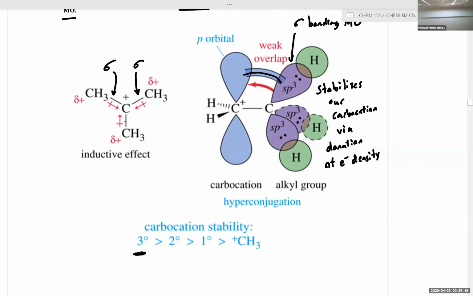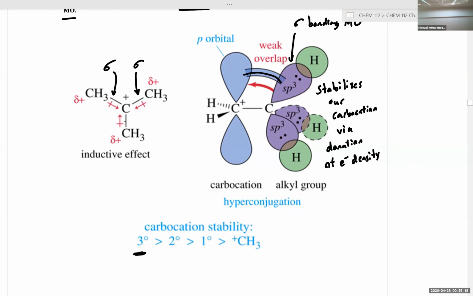So to draw out a detailed picture, if we're looking at the ethyl cation, which looks a little bit like this, we can draw this as CH3CH2+. And now let's look at it from an orbital picture perspective.